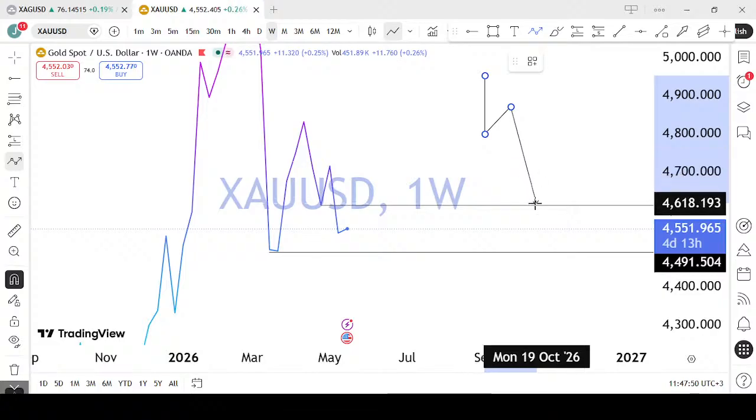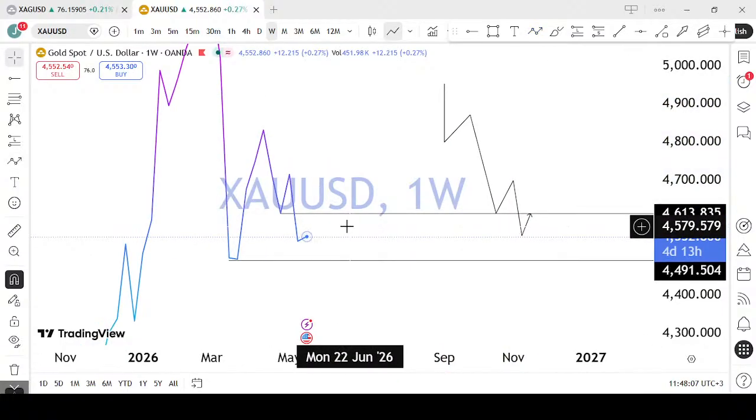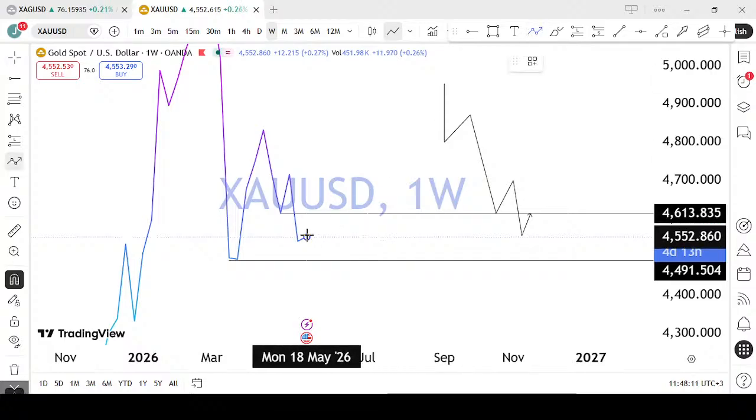So the market is already having a retracement and making the impulsive move. This movement we consider as the retracement move up to this position. The main target of this movement is for the market to reach up to this target if possible.